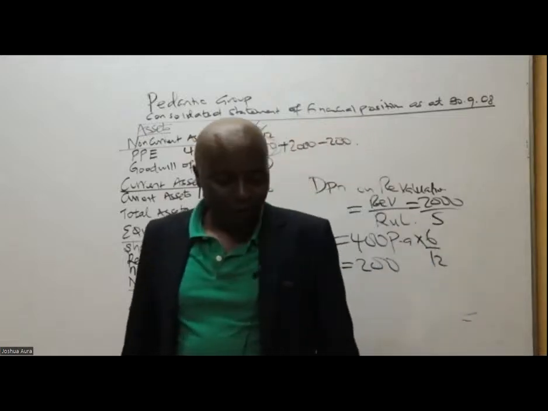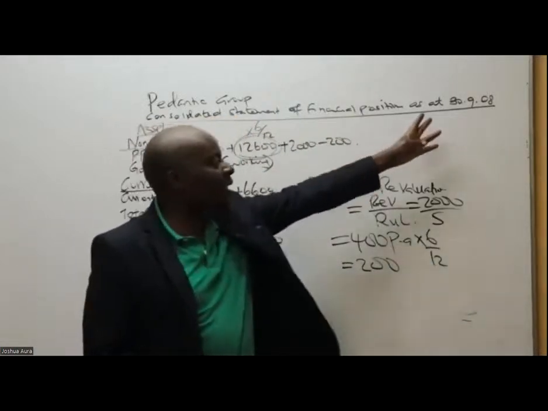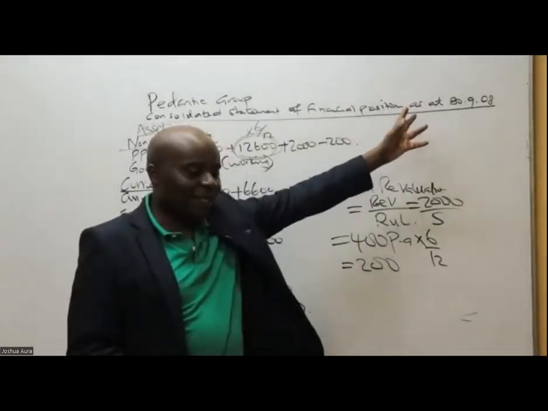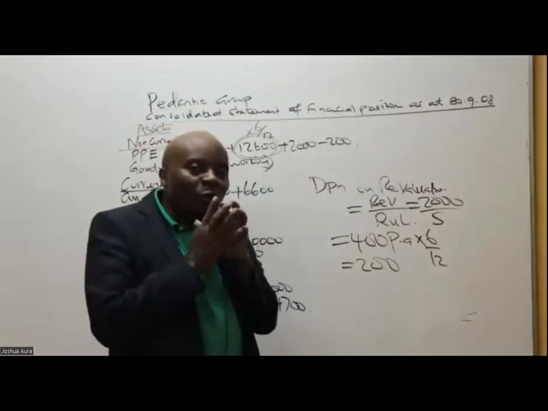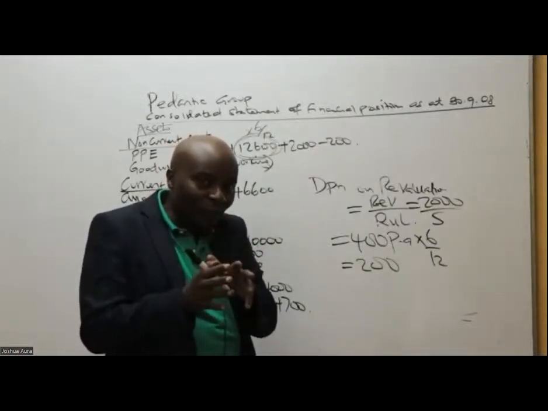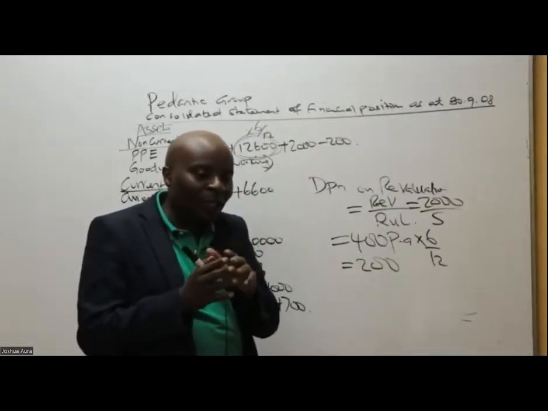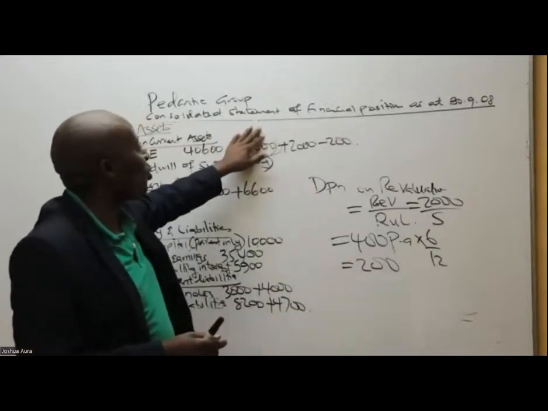Thank you very much. Reporting here is at the last date. The balance sheet is at that date; it does not accrue over a whole year, it is the last date of the financial year. Whatever assets we have there, all of them belong to the group. So we don't time apportion.